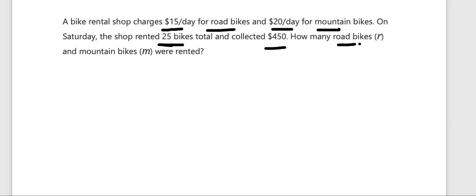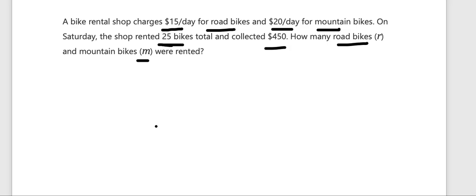How many road bikes, variable R, and mountain bikes, variable N, were rented? Okay, so this problem right here is a system of equations problem. How do I know? Because we have two variables. The first variable is the letter R, which represents the road bikes, and the second one is the letter N, which represents the mountain bikes.